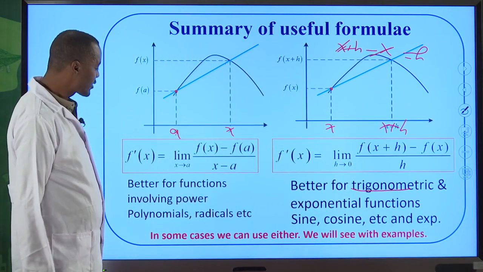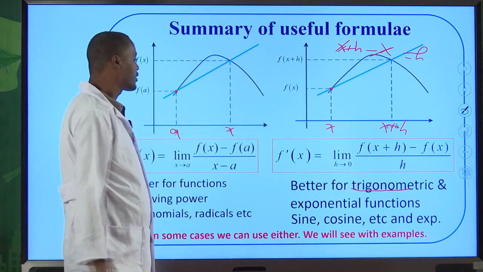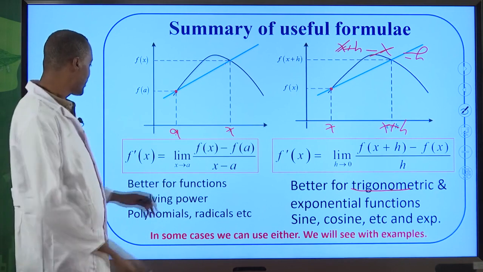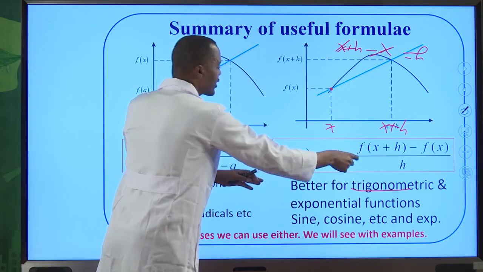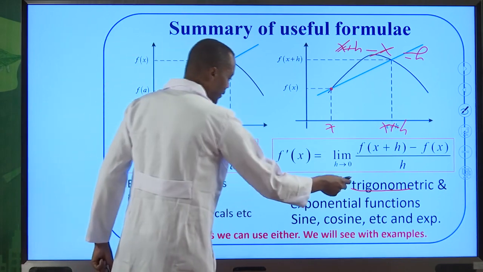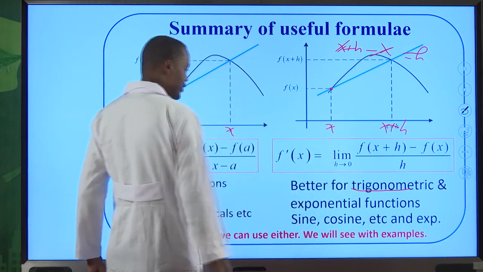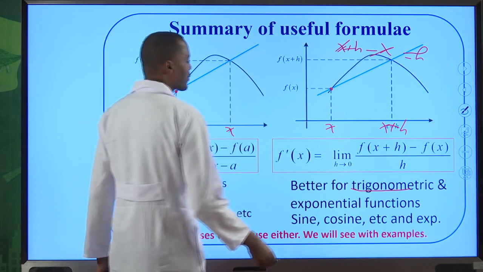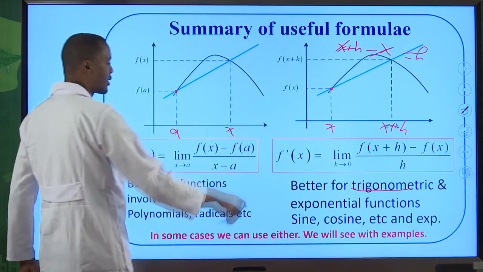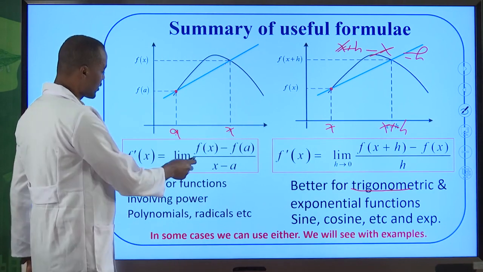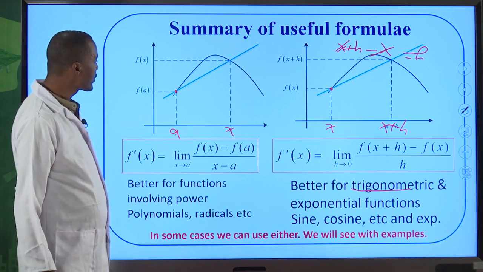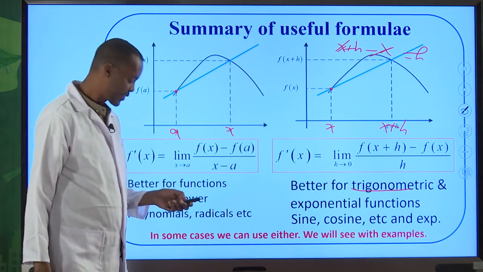But in some other cases, whichever you use doesn't matter. For example, for polynomials, if you use this one or that one, no problem. But if you want to find the derivative of trigonometric functions, this one works in pretty much simpler steps than if you have used the other one. We will elaborate that with examples next.